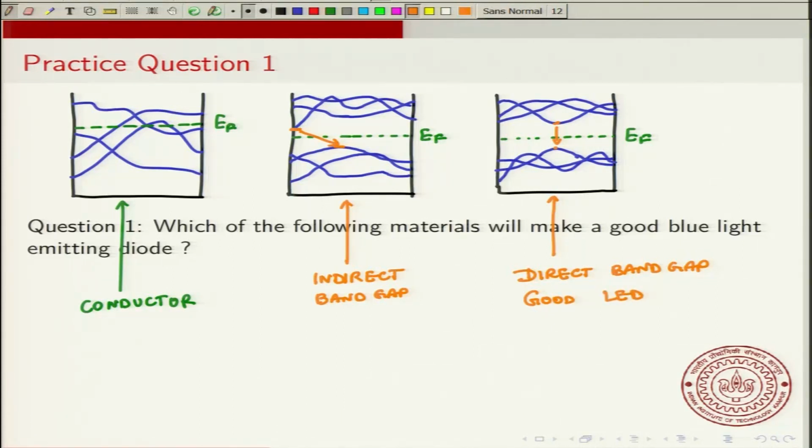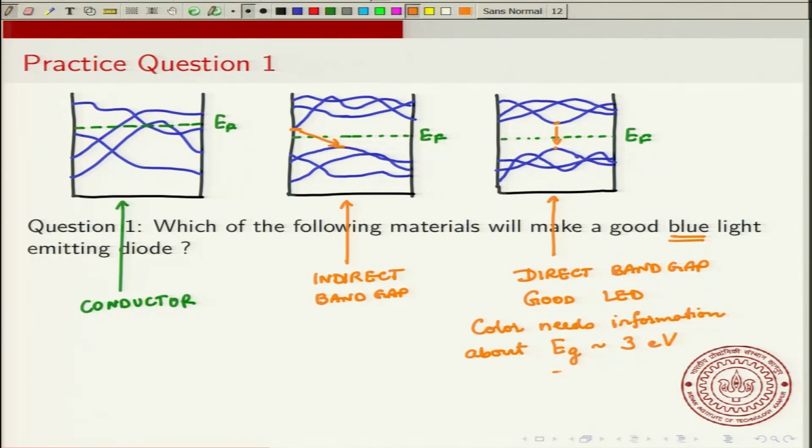Whether it is blue or not depends on the color, and that needs information about Eg. So what is the value of the band gap? For blue LED we saw that you typically need about 3 electron volts.